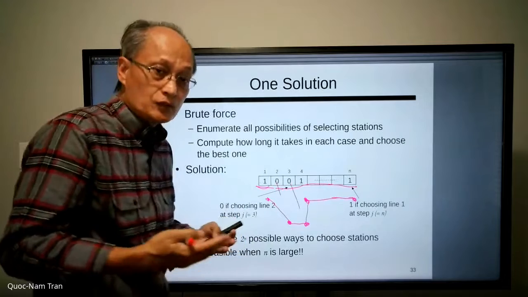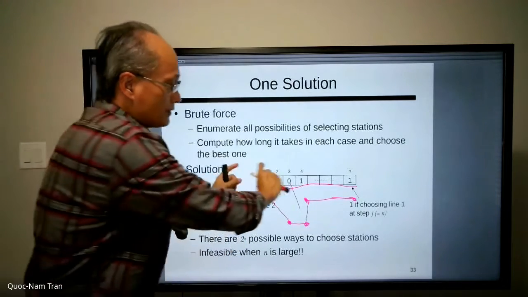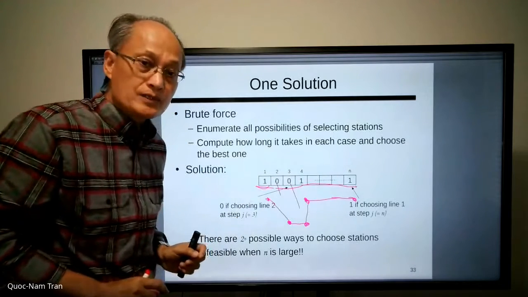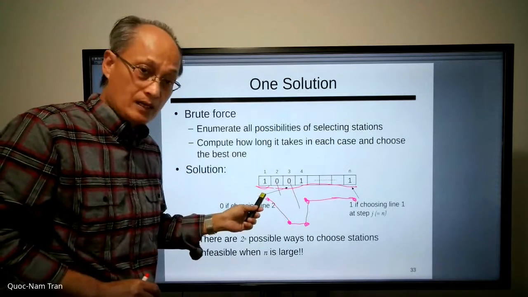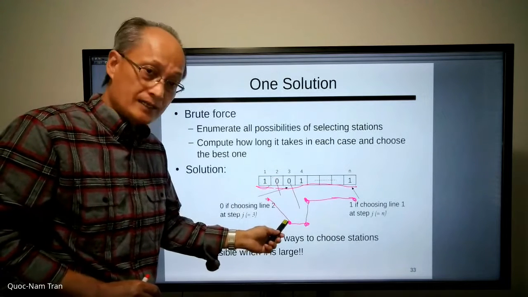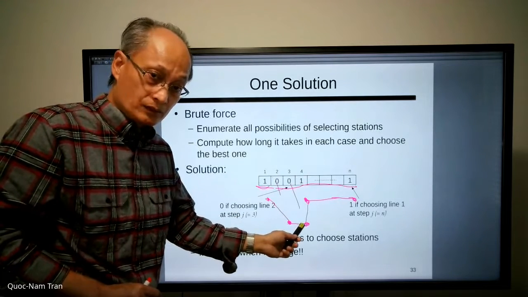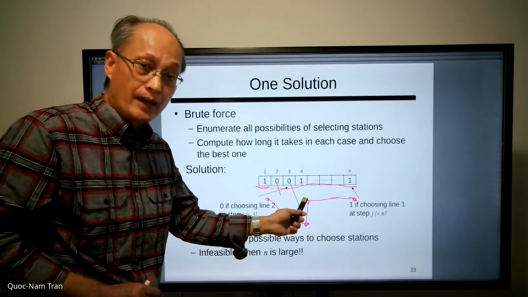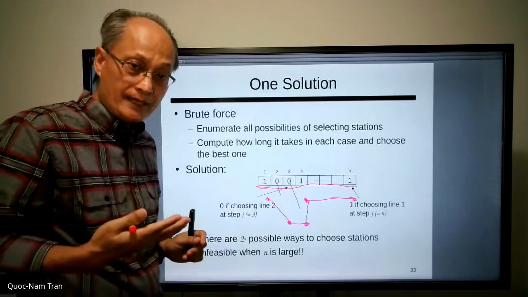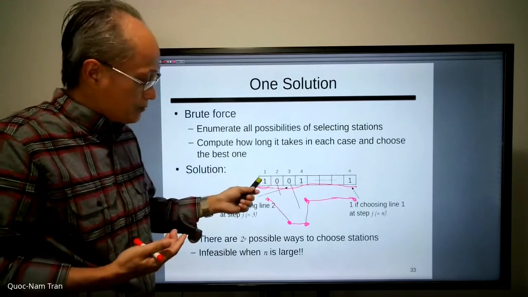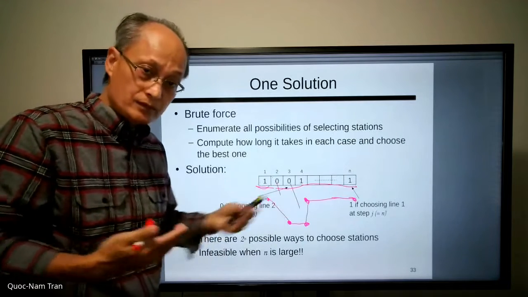So in order to find out all possibilities, we just need to have an array that will tell us that, okay, at this station, I choose line 1. The next, I choose line 2, right? Okay, and then next, I choose line 2. And then the next, I choose line 1. So that said, we have one array of n elements, and it will tell us if we want to go from line 1 to line 2, etc.